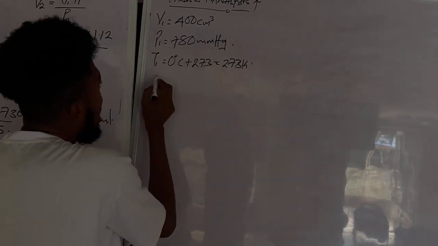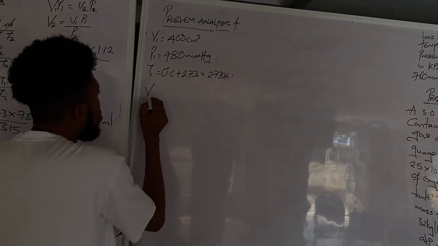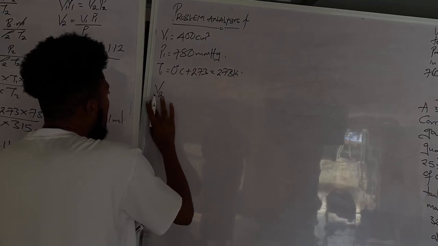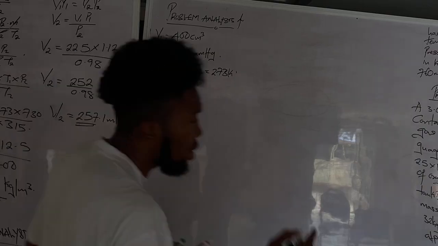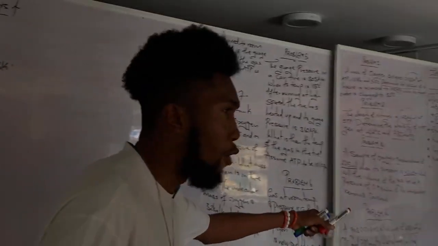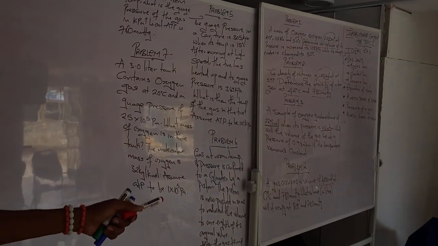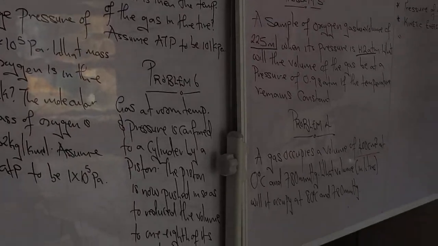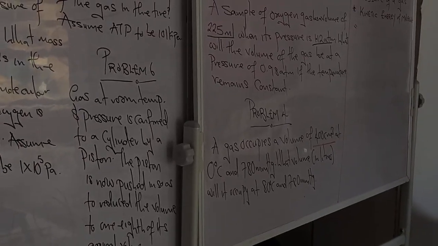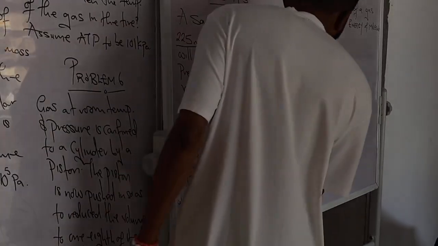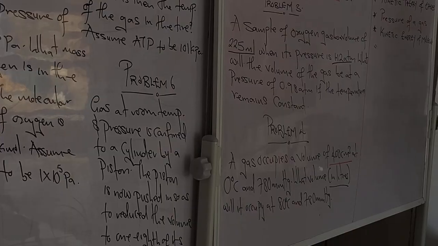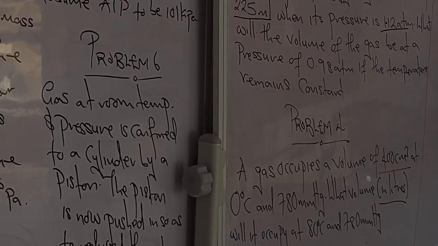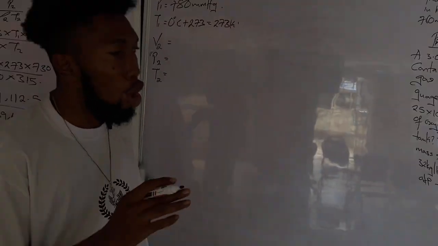For our second scenario, we are going to have V2, P2, and T2. Let's see what they say: what volume in liters? That is very important. If you have not watched our measurement and unit lecture, try to do so, because that's when you will learn how to convert from one unit to another.